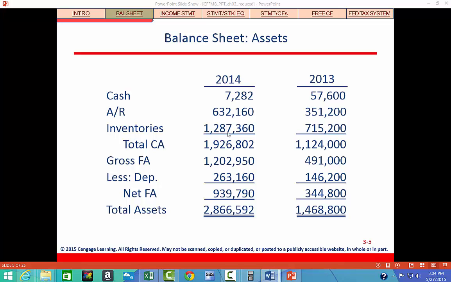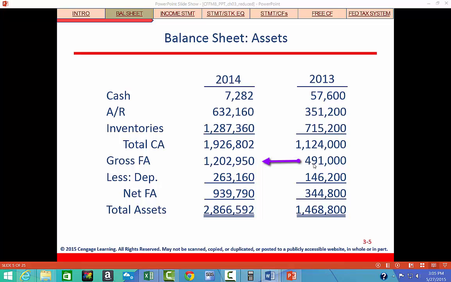The idea of doing well with a company is to sell your inventory and not necessarily keep it. So the expansion that they did not necessarily work in selling a lot of the inventory, which is the product that they made, which is the snack food stuff. So their total current assets have increased from 1.1 million to 1.9. Their fixed assets, like their investments in plant, machinery, or land, have increased.